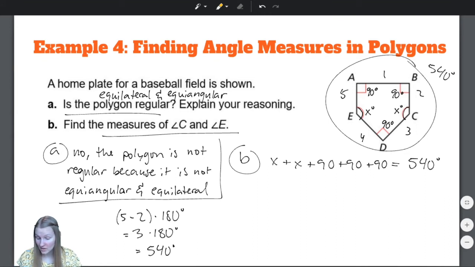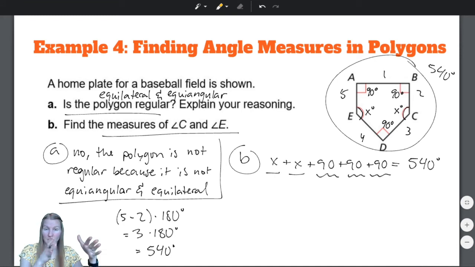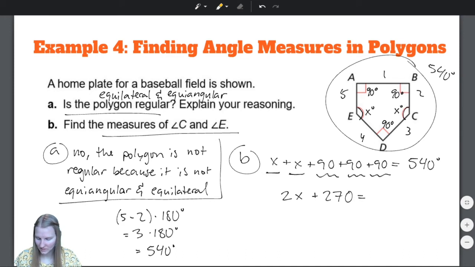So, next, let's solve this equation. I'm going to combine my like terms. So I have x and x, 90, 90, 90. I'm going to put my x's together and my numbers together. So x plus x is 2x. And 90 plus 90 plus 90, I think that is 270 degrees.